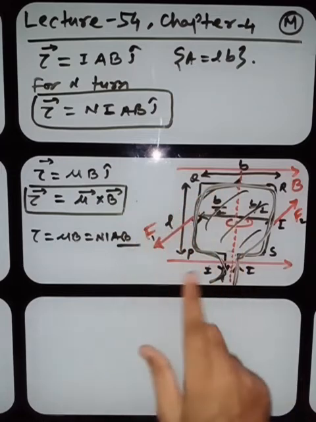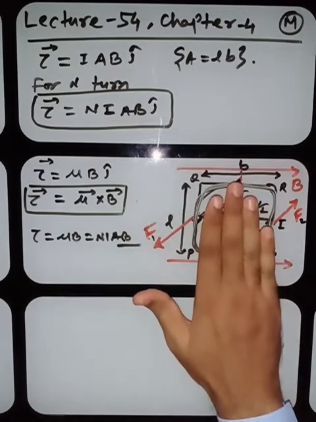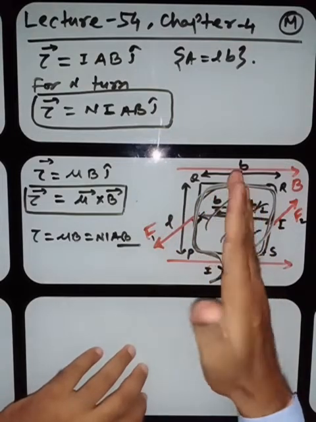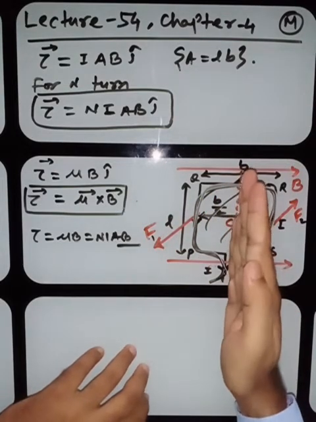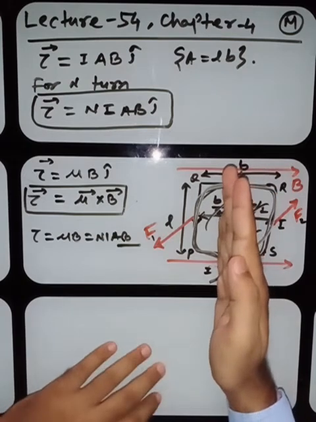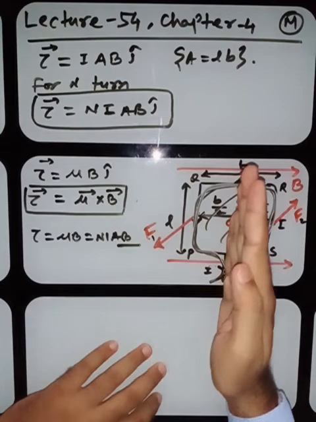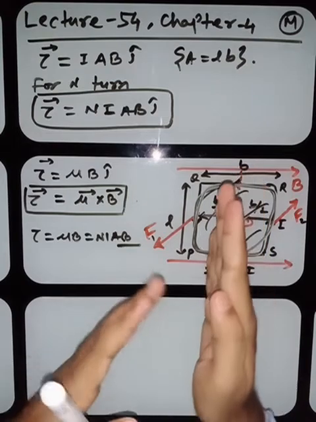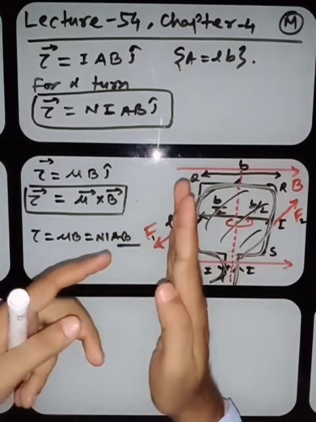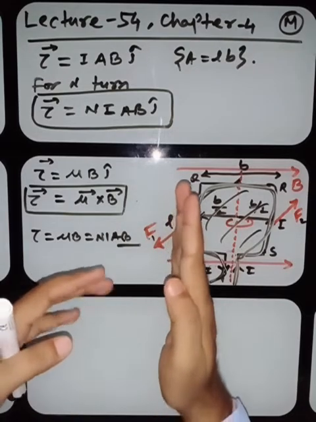Here you can see it's rotating, but what will happen if after rotation it comes in this position? It will stop, it will not rotate. We will consider this the equilibrium position, when its plane surface is perpendicular to the magnetic field.